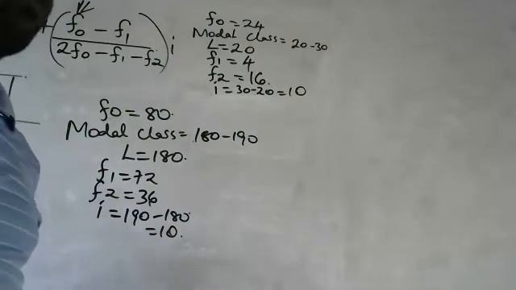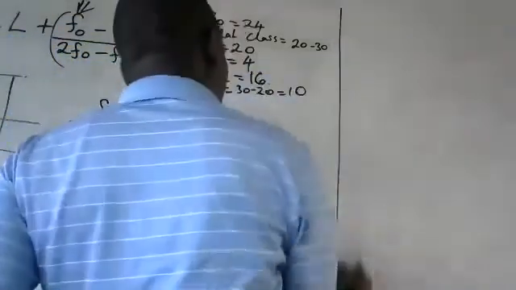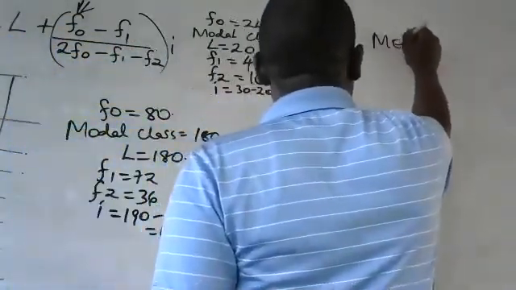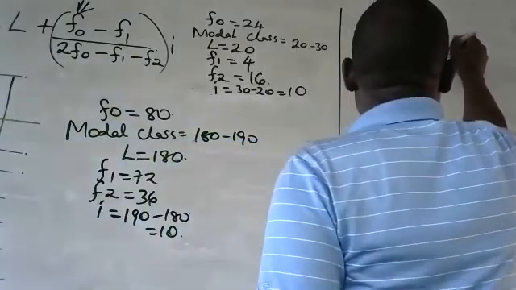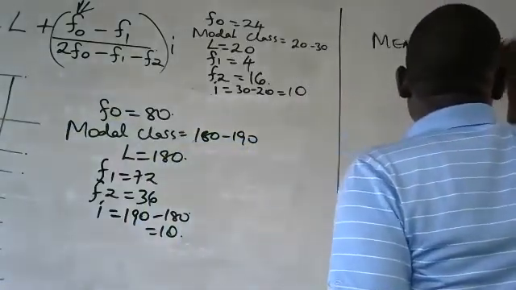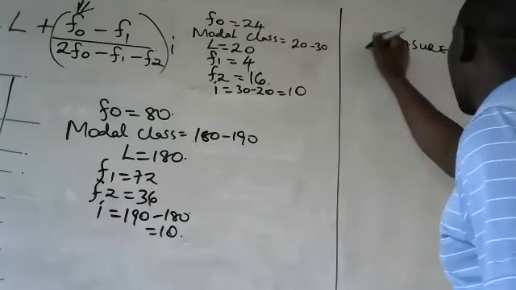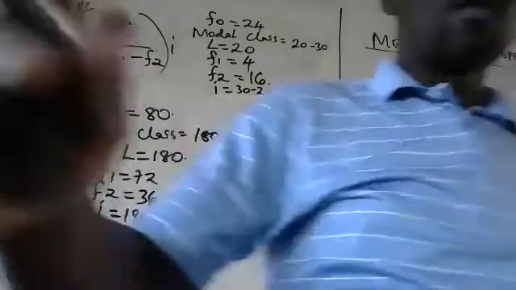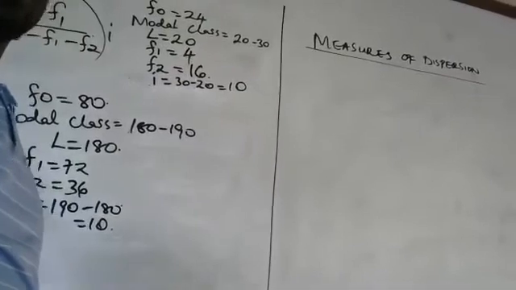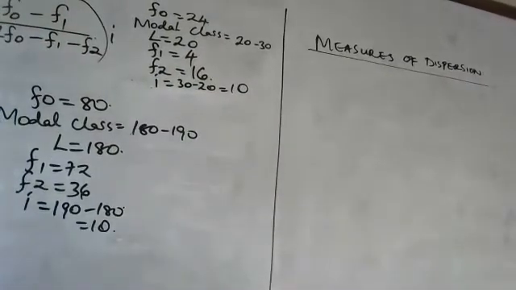And the next area that we are heading to is the area to do with the measures of dispersion. Esther is saying that she got 181.5.